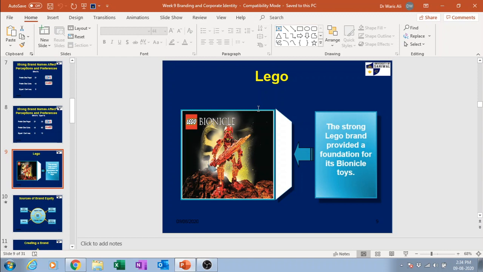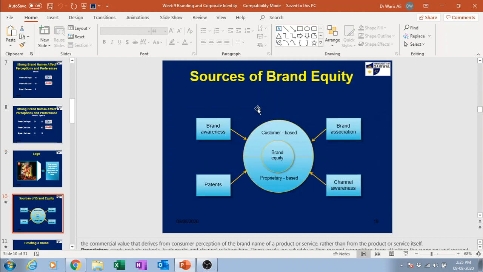We need to follow the logic. Then it will help us to build the brand. And when we build the brand, it gives you commercial benefits. It has a commercial value for your product when you build the brand.